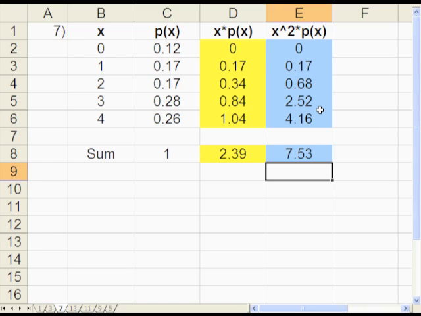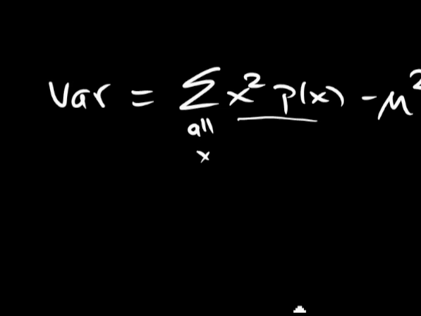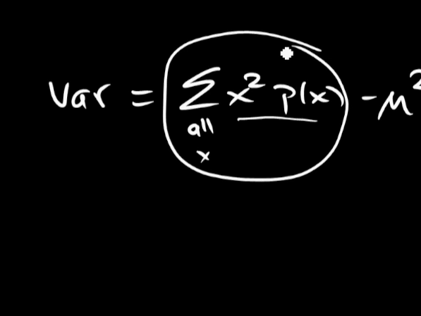We're going to use this information to compute the variance, which will then give us our standard deviation. Let's go back to the formula. We're going to use this value and subtract the mean to the second power.